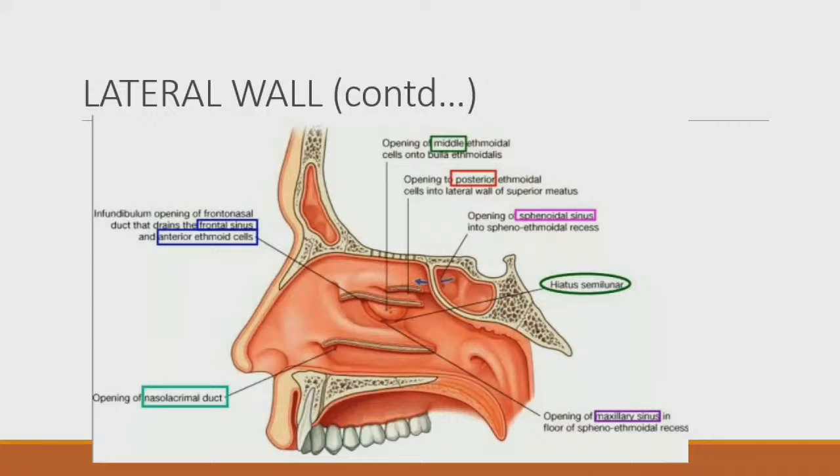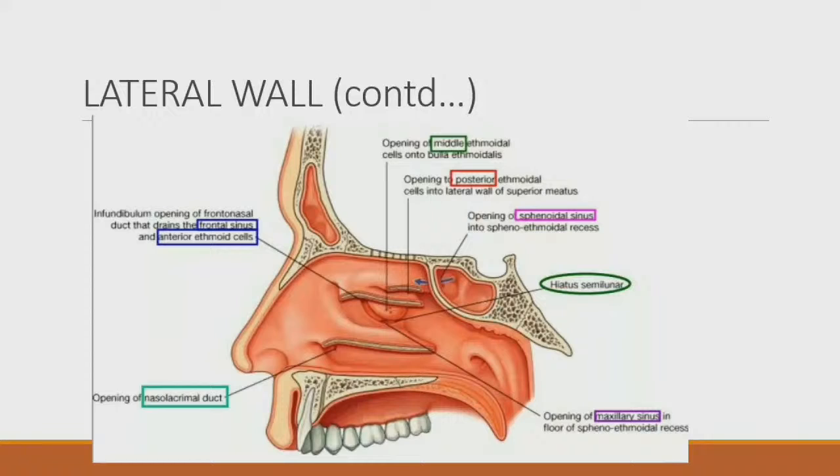The three-dimensional space into which the hiatus semilunaris opens is known as the infundibulum. So these are the structures on the lateral wall of the middle meatus.